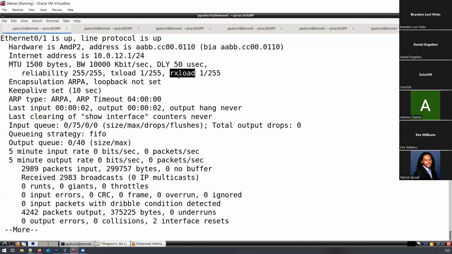And I believe that we take the receive load into account. It's very rarely done in the field that the K values would be changed to take load and reliability into account.